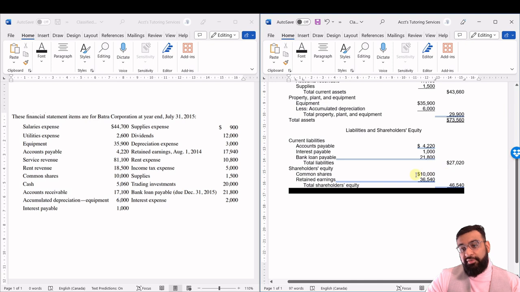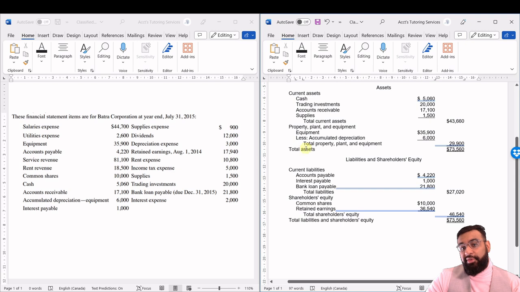So common shares of 10,000 plus retained earnings of 36,540 equal 46,540. And then the last step is taking total liabilities of 27,020, adding it to total shareholders' equity of 46,540 to arrive at total liabilities and shareholders' equity of 73,560.